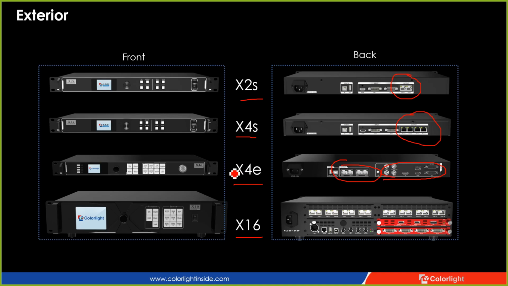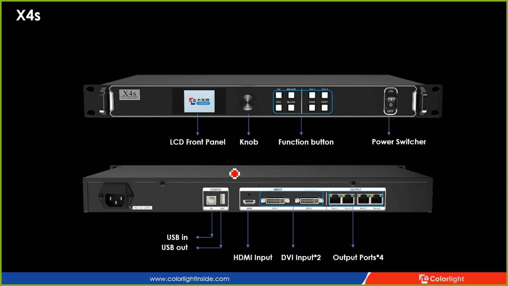Okay, let's look into the details. This is X4S, and from the front side, we could see the LCD front panel with a knob. This is to change settings easily without a PC. And here we got the input switch buttons.